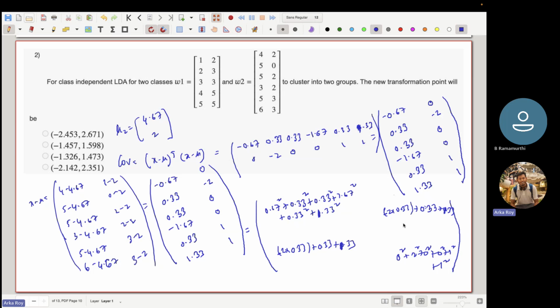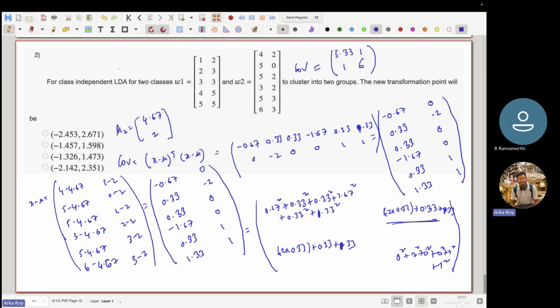So 0.33 plus 1.33. So this particular thing reduces to, let me just write it over here, 1, 1, and over here this is 6, and over here it is 5.33.